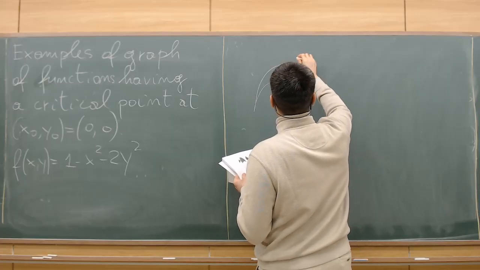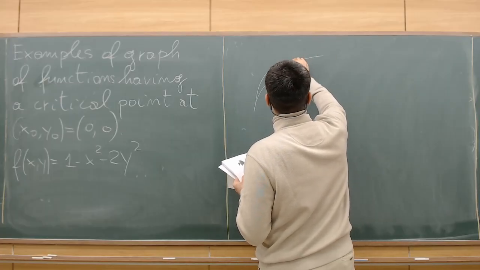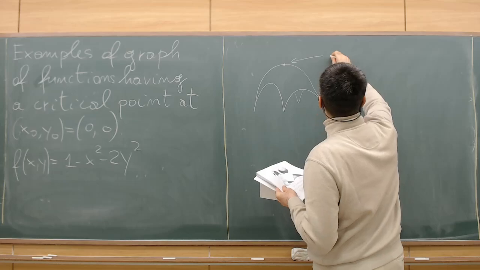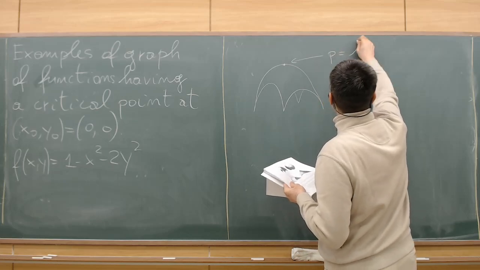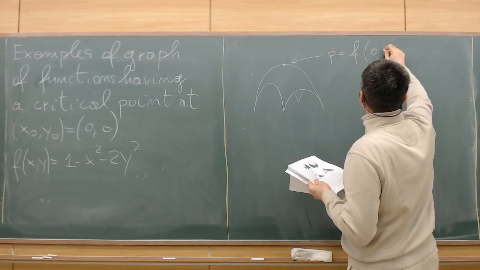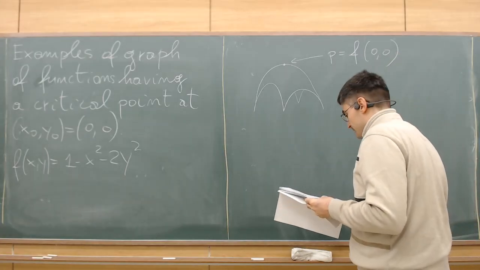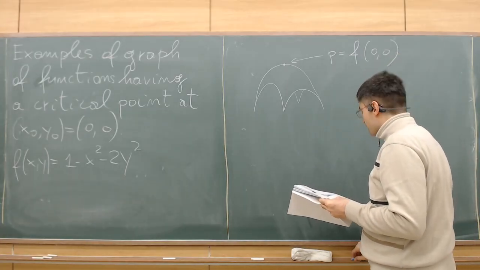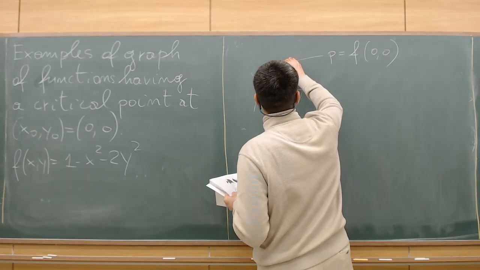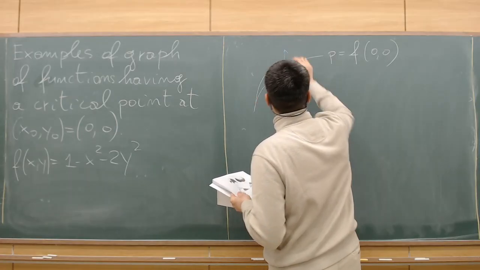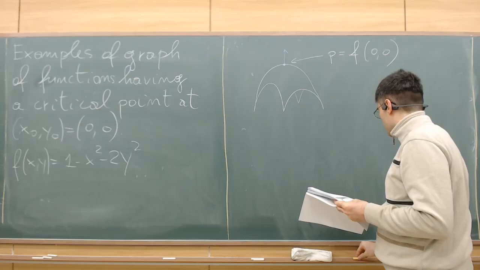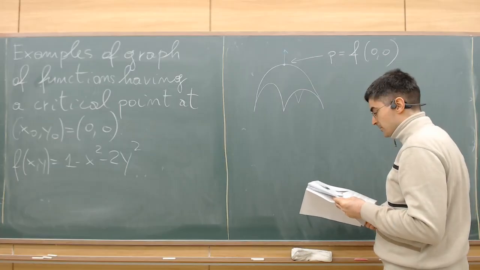This is a point P equal f of 0, 0. This is the normal vector at this point.